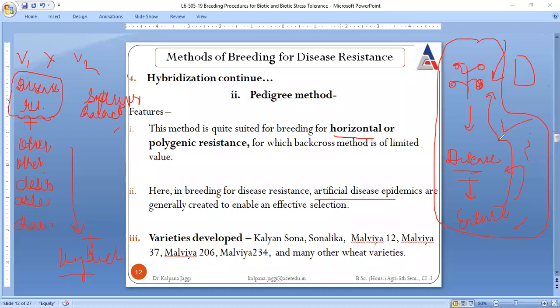And if it is not able to withstand the attack of the disease, then it is not the one that was actually to be prepared, right? So this is the reason artificial disease epidemics are generally created, so that effective selection could be done. And these are all the varieties which result from the pedigree method.